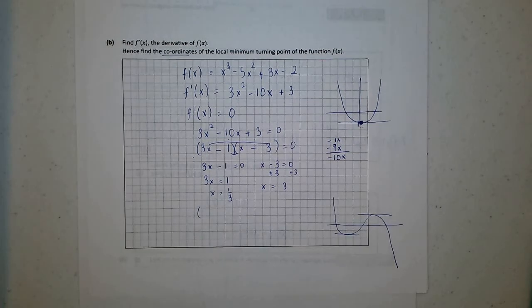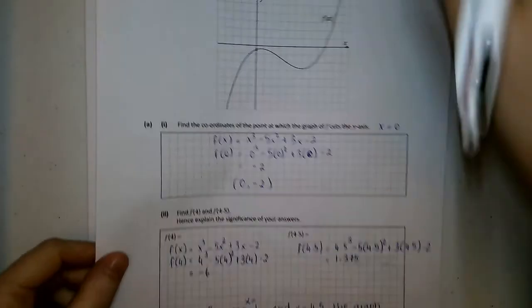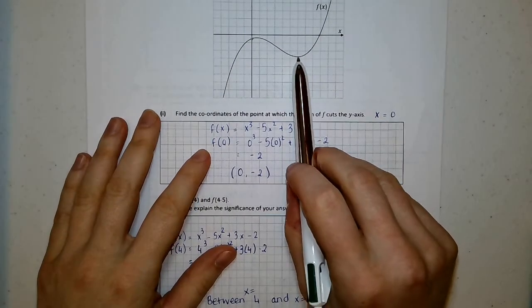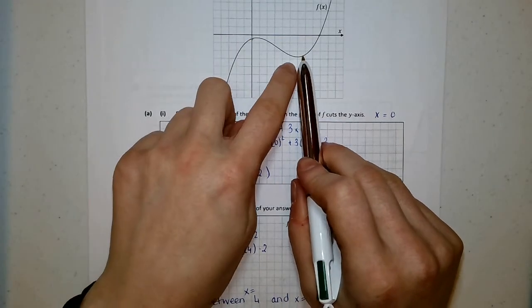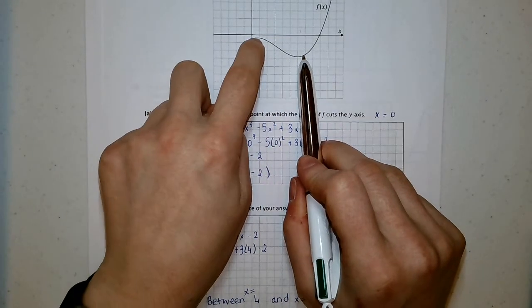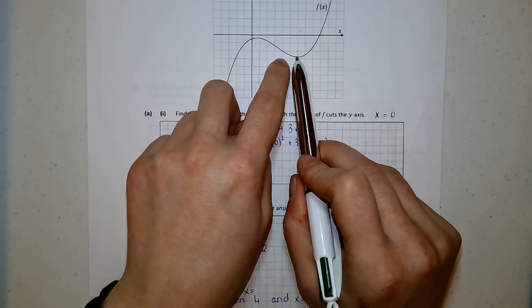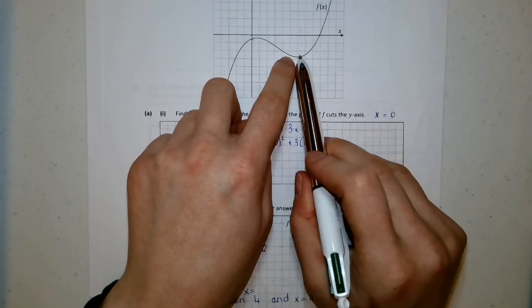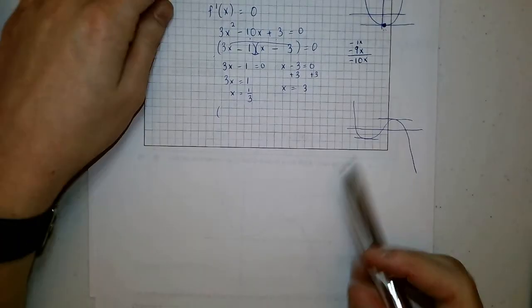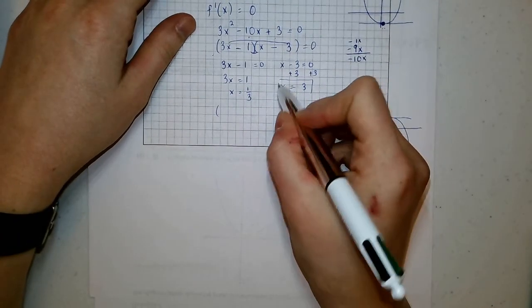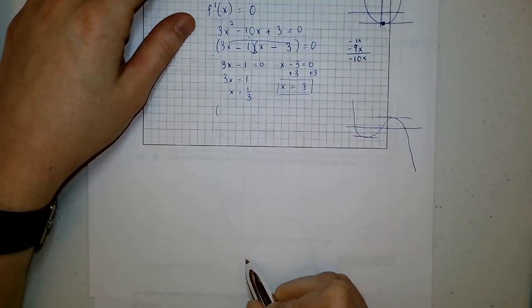Now as you can see from the original function, the minimum point is the highest x value. So the smallest x value is the maximum point. The largest x value is the minimum point. So the largest x value is going to be this one. So that's our minimum turning point.